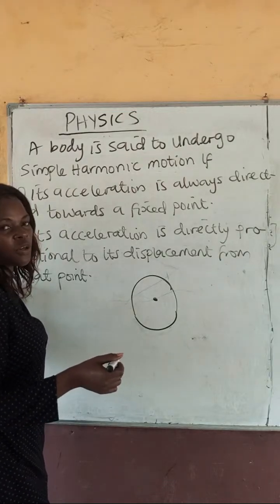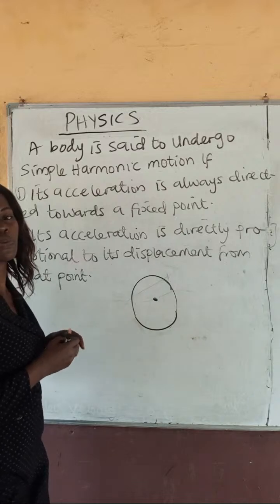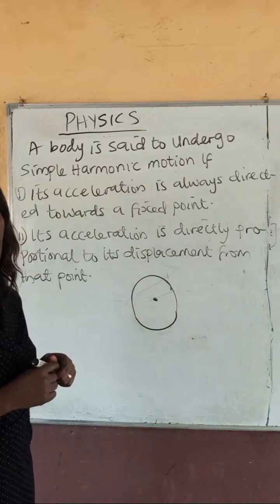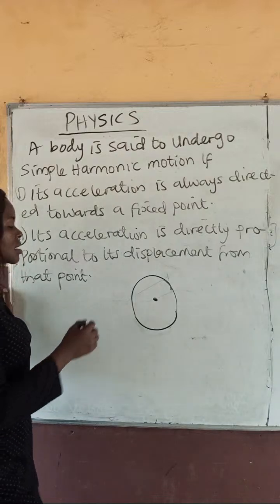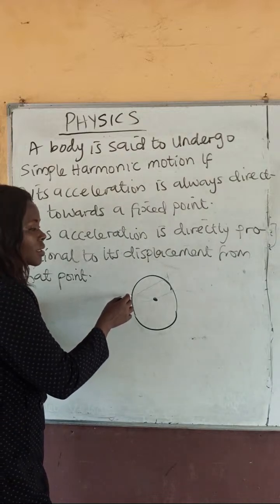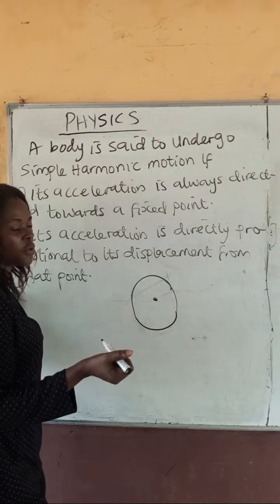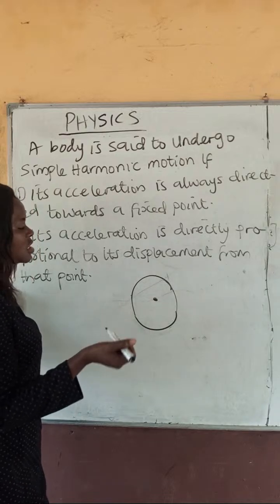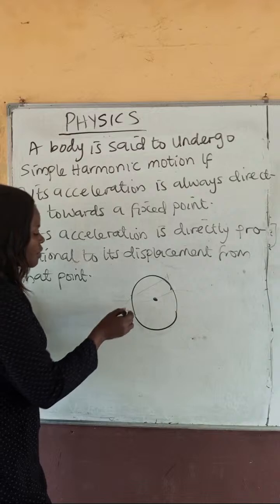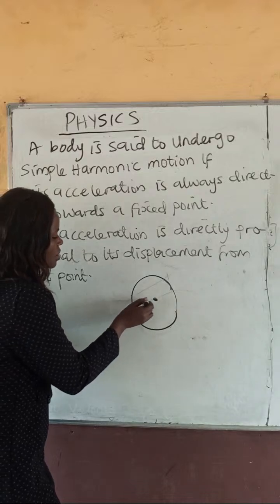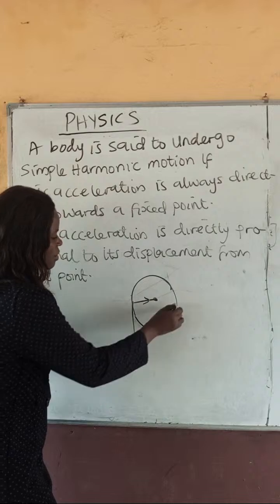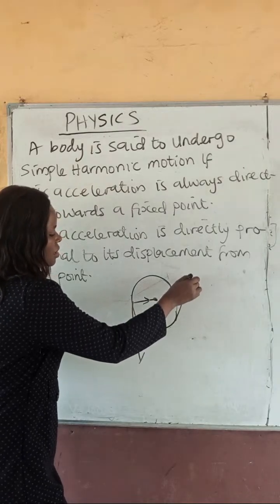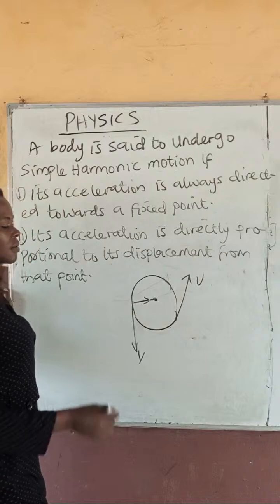Circular motion is a type of motion in which the body moves in a circular path, but with a constant speed. Now, as the speed is constant, the velocity is changing in a uniform manner. And as it's changing, it is directed towards the center of the circle. So, this is the center of the circle, and this is the velocity. Okay? This is also the velocity, right?